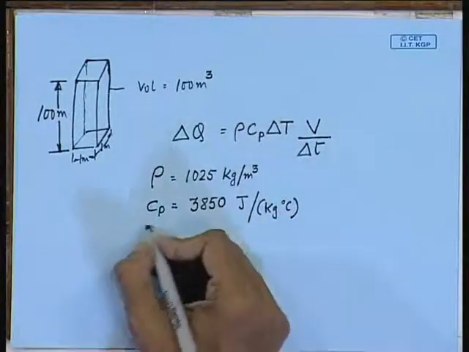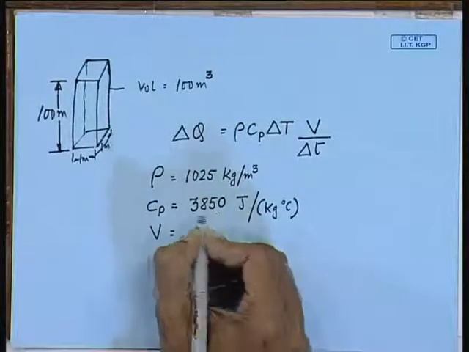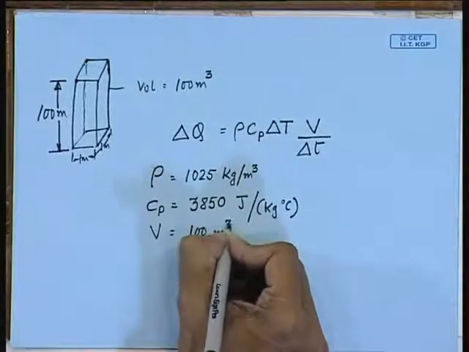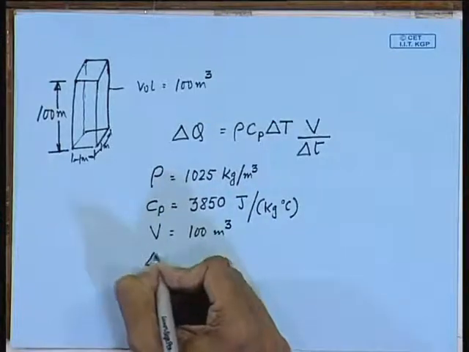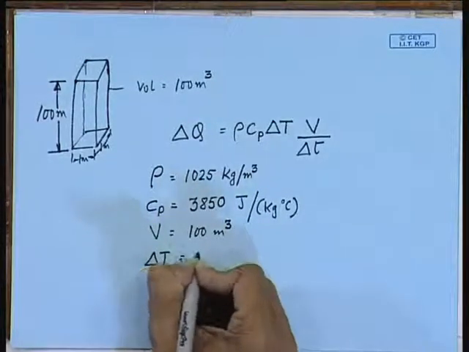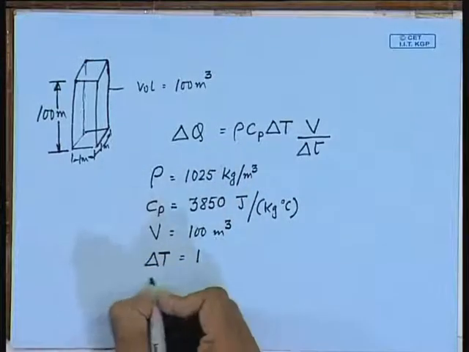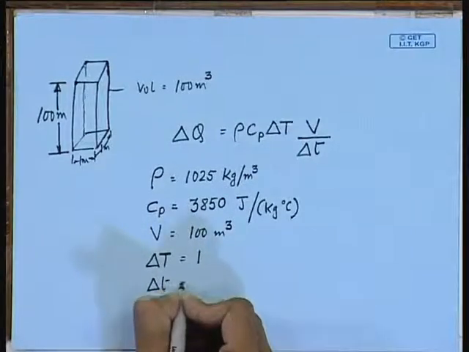Now V is the volume, we are getting V as how much? 100 meter cube, and delta T is 1. The capital T, that is your change in temperature. What is the change in time? That is your small delta t.